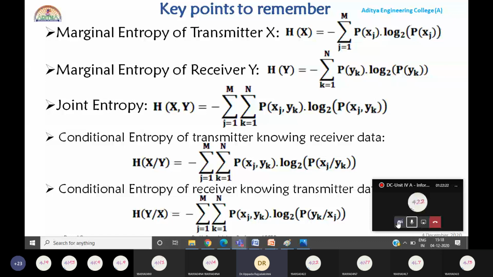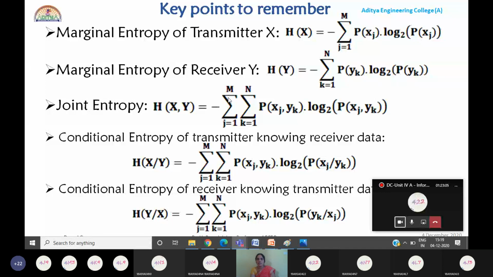Sorry for the interruption, madam. You are saying summation m to j is equal to 1, so you are saying it in reverse. It should be j is equal to 1 to m, from lower value to higher value. Yes ma'am, whatever you are saying, the equation is right, but instead of saying m to j is equal to 1, you should pronounce it from lower level to higher level: j is equal to 1 to m, summation k is equal to 1 to n. While writing there is no problem, but while pronouncing you should tell from lower value to higher value.